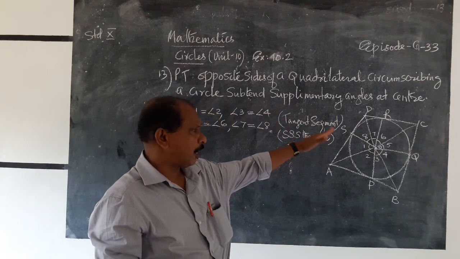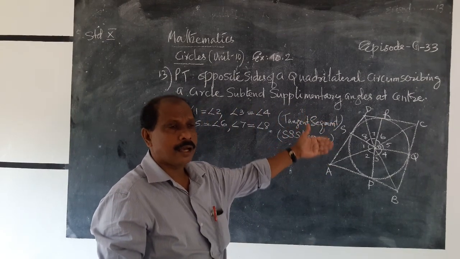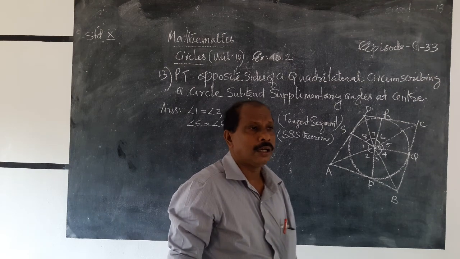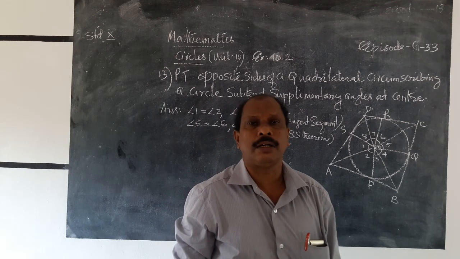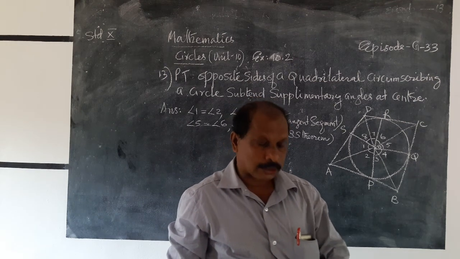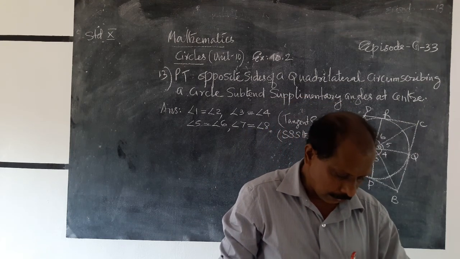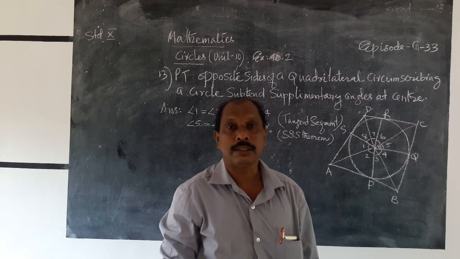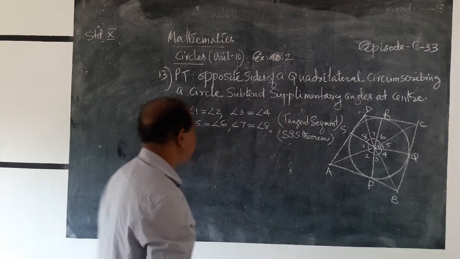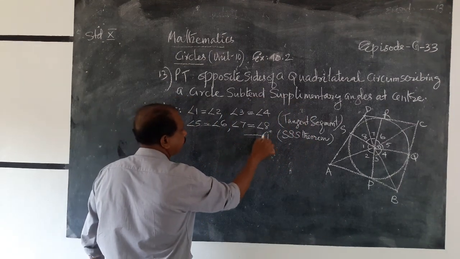Then we know that the sum of all these 8 angles is equal to the angle at the center of a circle. The angle at the center of a circle is what? It is 360 degrees. That means this is equation number 1.